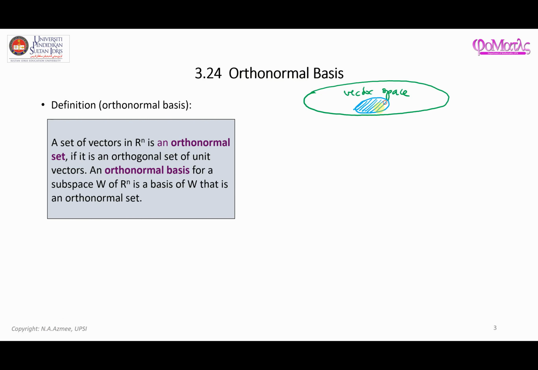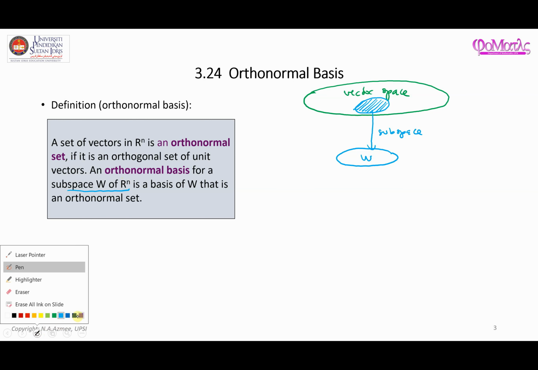You can think of it as a subset, and I'm going to call this subspace W. So here we have subspace W of a vector space, and from this subspace, we can go on and try to find the basis.